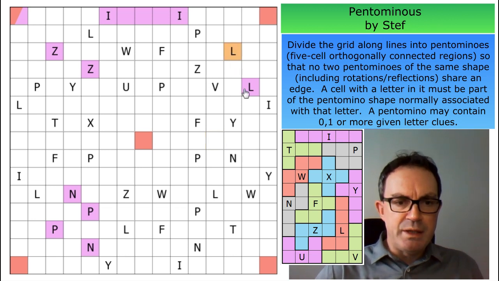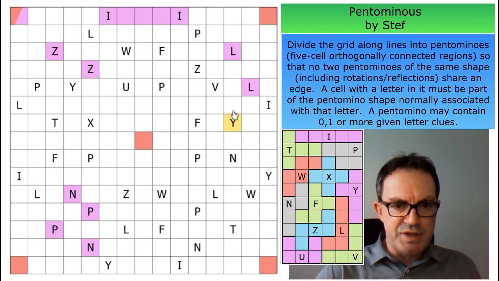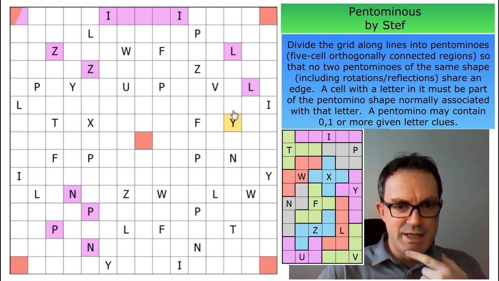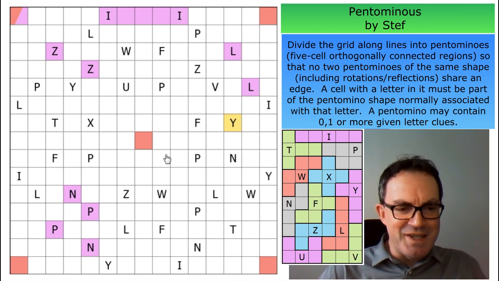It's probably going to be these L's. Let me just have a stare at the rest of this. Let me just think about this for a second. I'm still not sure exactly where I should be looking, to be honest.